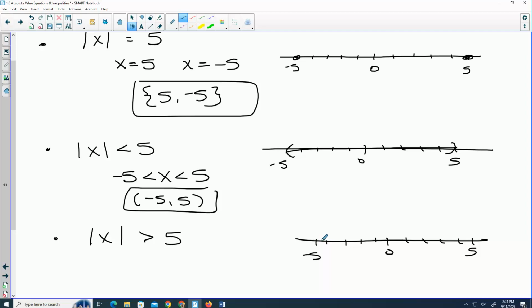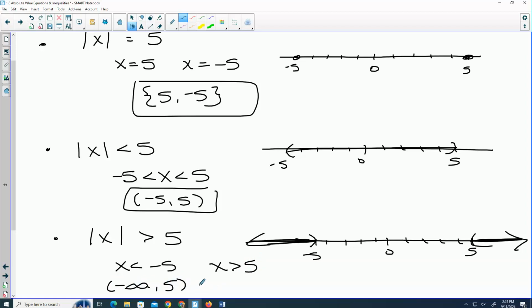It's saying it's further than 5 away from 0. So it's everything out here and everything out here. So it's less than negative 5 or greater than positive 5. At the end we would write our interval and we get two pieces.